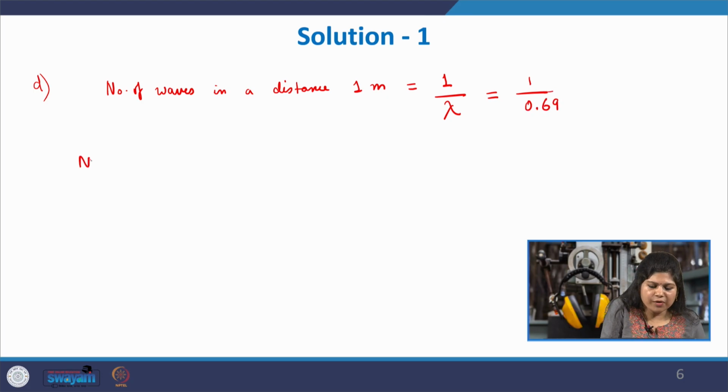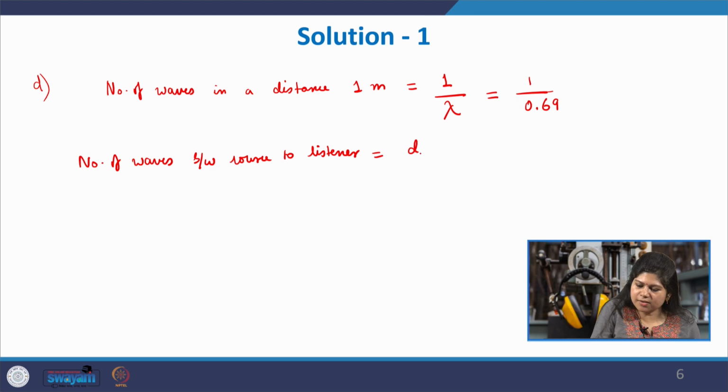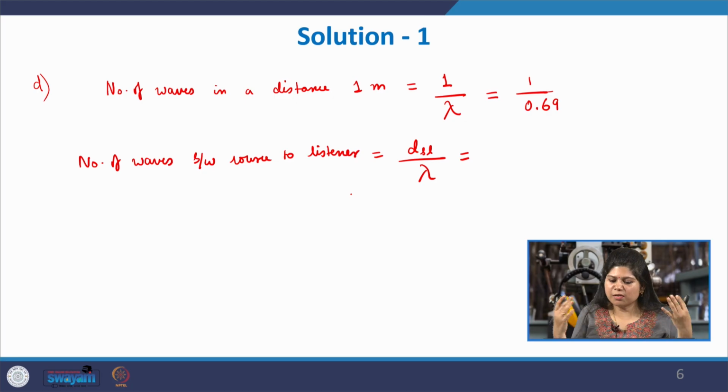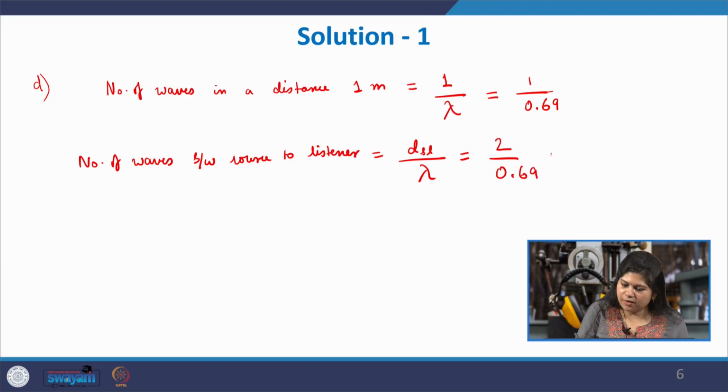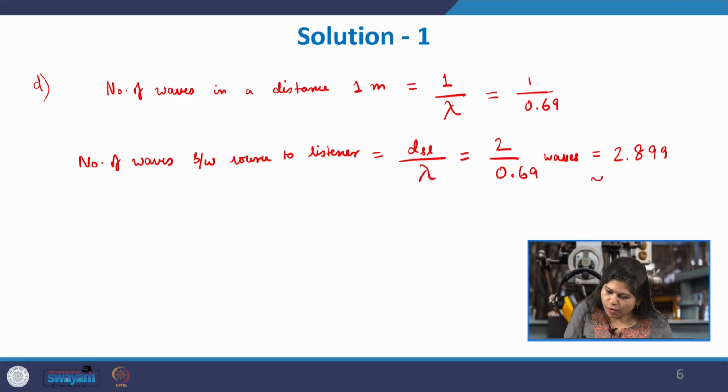So, the number of waves between source and listener is the distance between the source and listener divided by lambda. We are doing the simple unitary method to solve it. So, it is 2 by 0.69 waves, which becomes 2.899 or approximately 2.9 waves, just short of 3 waves.